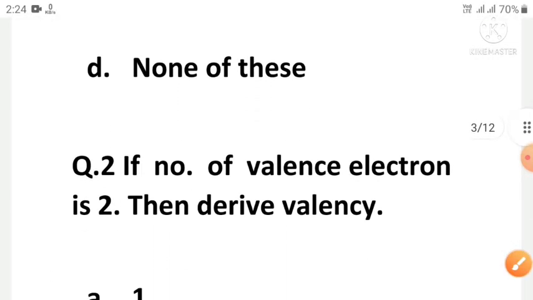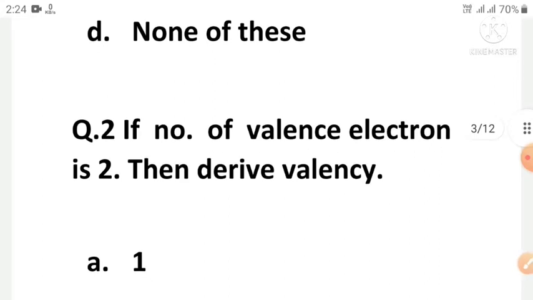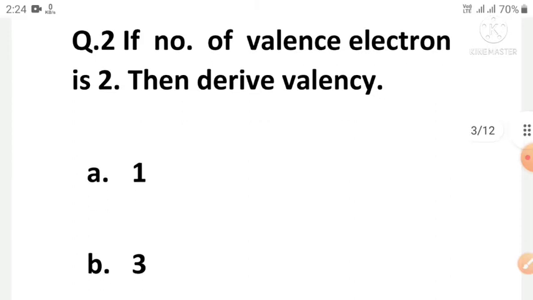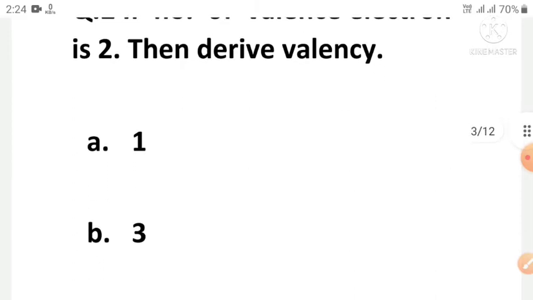Question number 2. If the number of valence electrons is 2, then derive the valency.